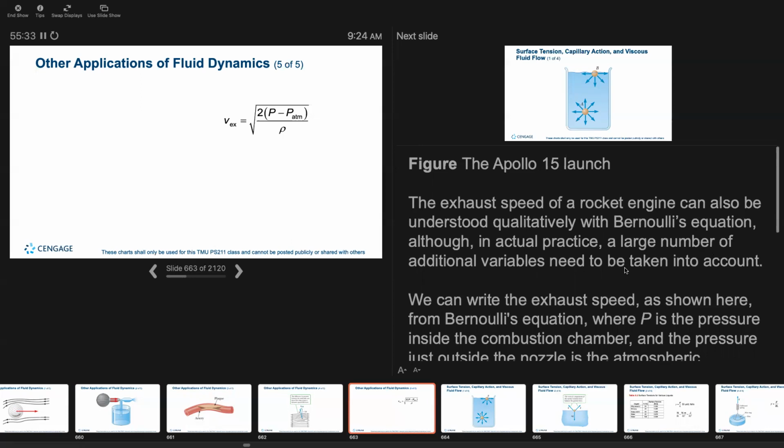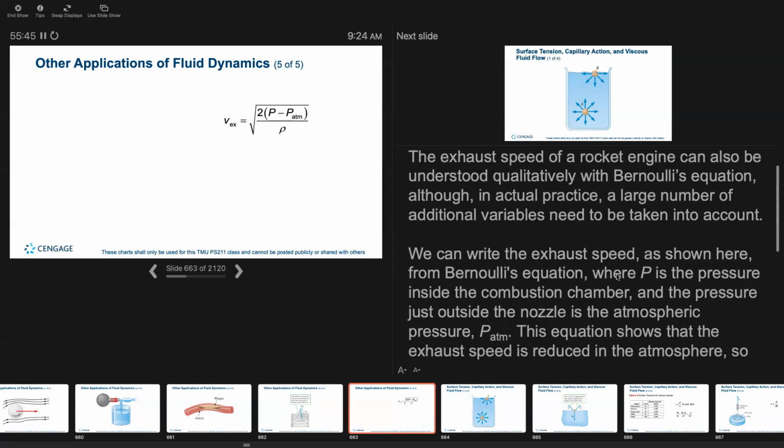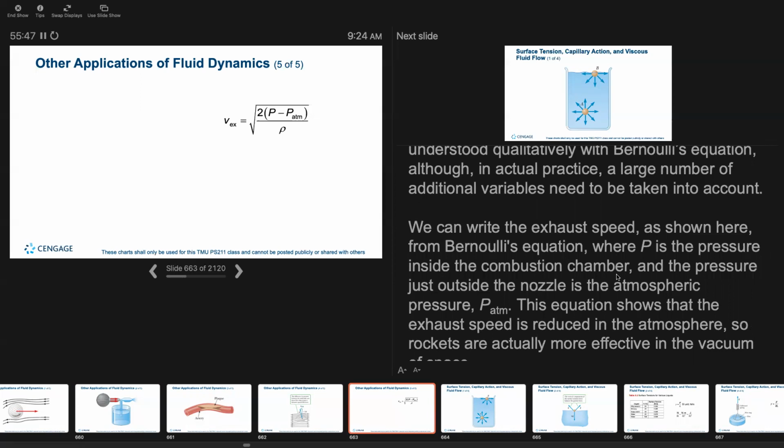And so the exhaust speed of a rocket engine can also be understood qualitatively with Bernoulli's equation, although in actual practice, a large number of additional variables need to be taken into account. We can write the exhaust speed as shown here from Bernoulli's equation, where P is the pressure inside the combustion chamber, and the pressure just outside the nozzle is the atmospheric pressure, P sub atmospheric.